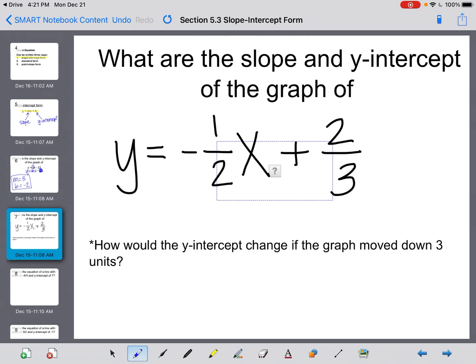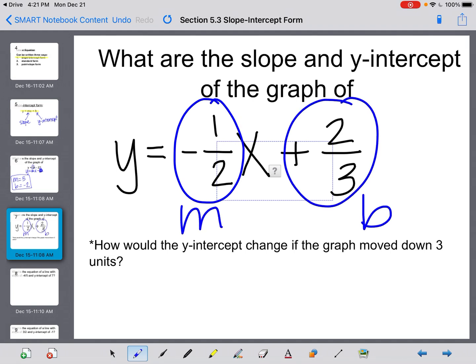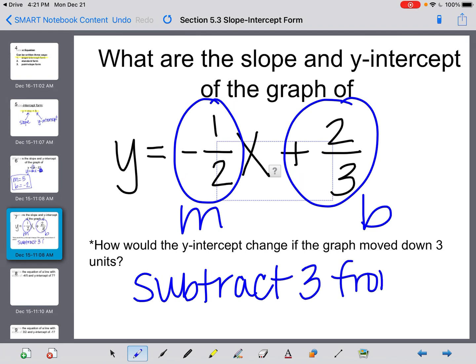What are the slope and y-intercept of this graph? This is our slope. This is our y-intercept. Now they're asking, how would this y-intercept change if the graph moved down 3 units? If we actually just moved it down, we would have to subtract 3 from that y-intercept. And that would give us our new y-intercept.